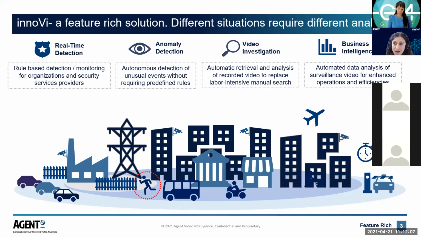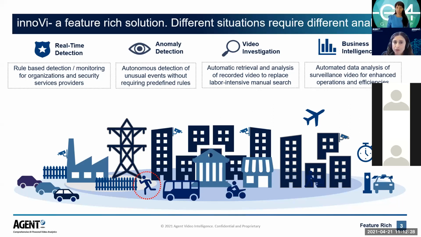The second type of feature that we offer is our anomaly detection. Here, where it's not always realistic to know what you're looking for in advance, we add another layer to the capabilities in order to be able to detect unusual events.